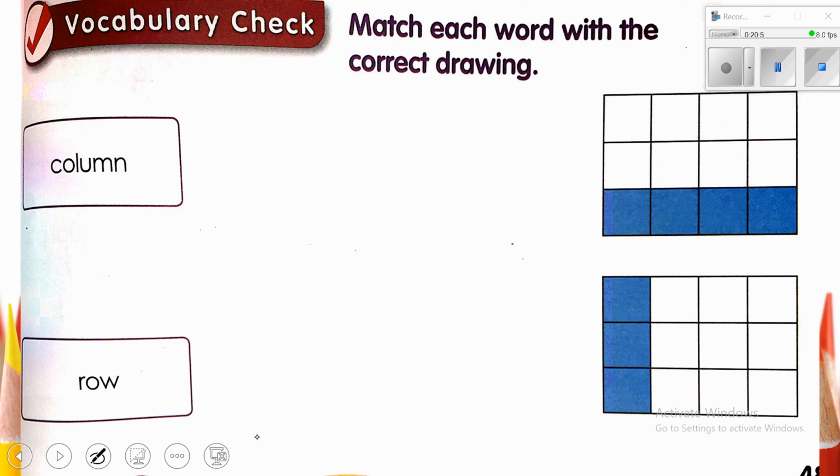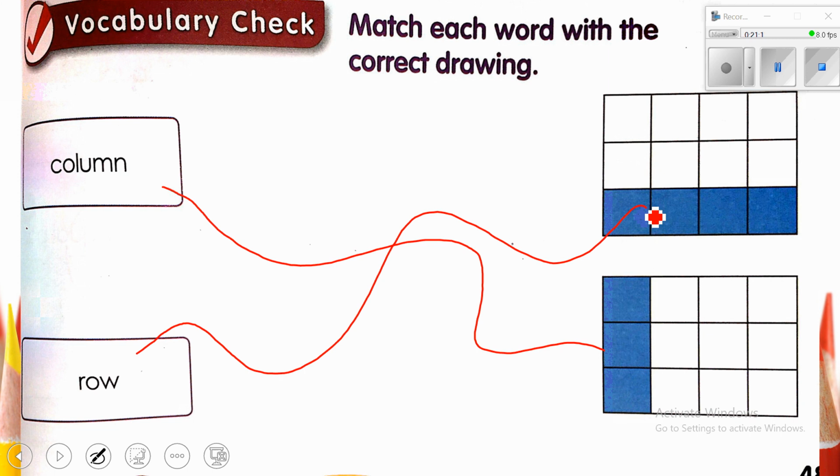Say with me. Column, up and down. Jump up and down. Column up and down. Row side to side. Check with your wrist. Row side to side. Column up and down this one. Row side to side this one.